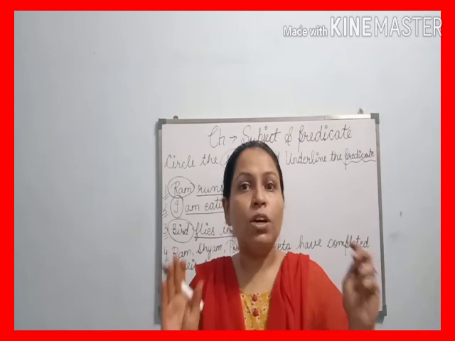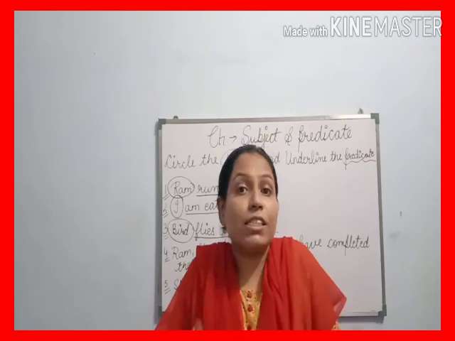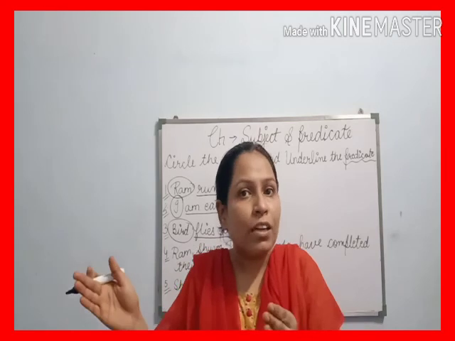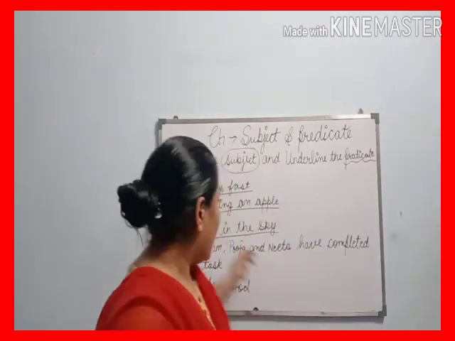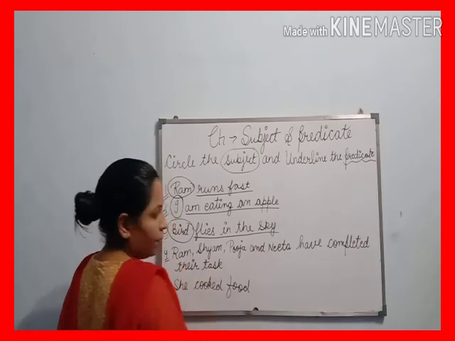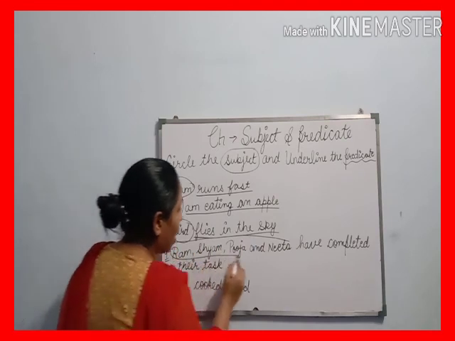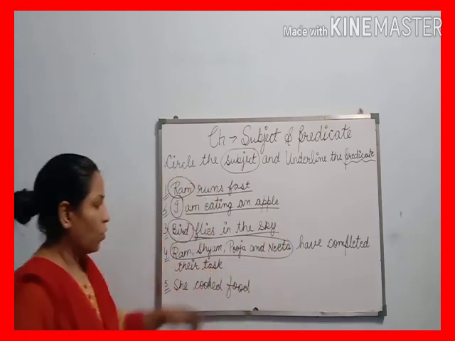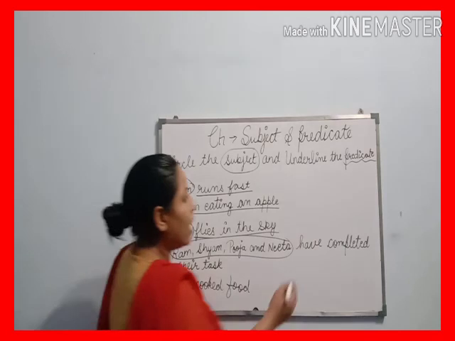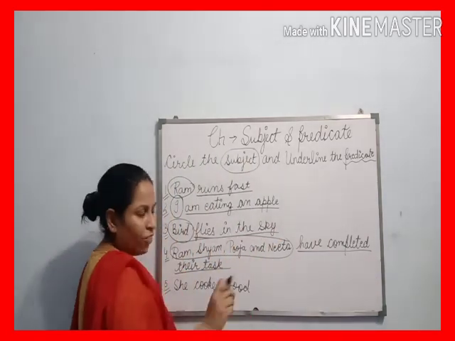As I told you, whatever the action is, it is performed by whom? The subject. So here we can see Ram, Sham, Pooja and Neeta. These all are subjects because they all are performing the action. And what action they perform? Have completed their tasks.